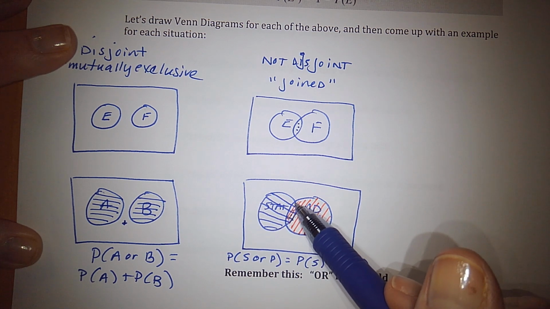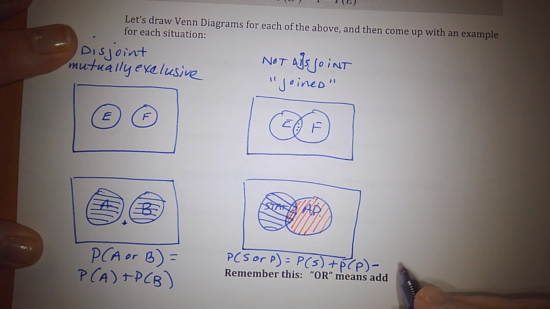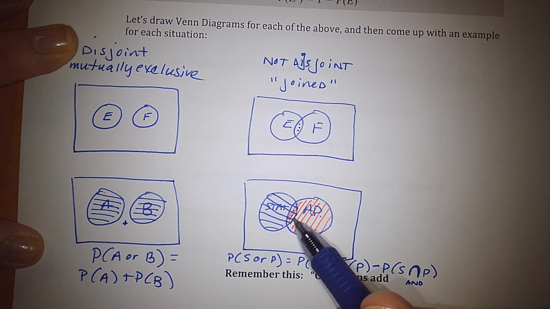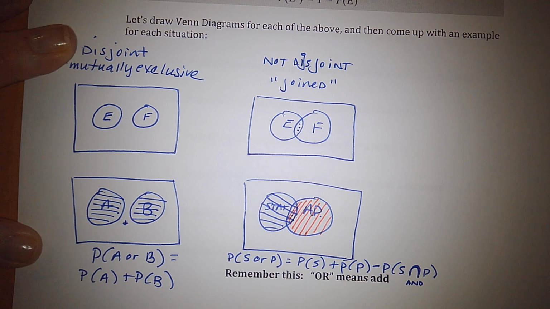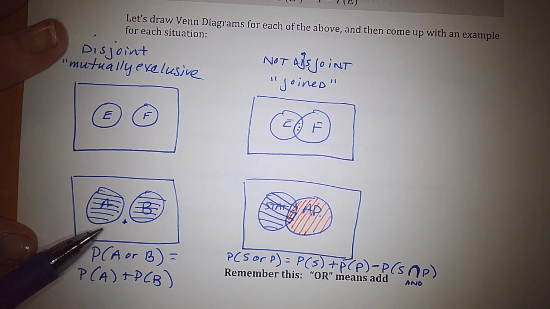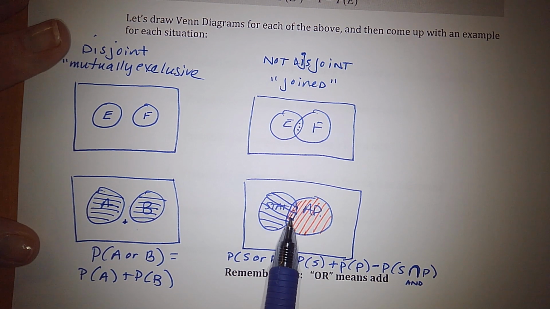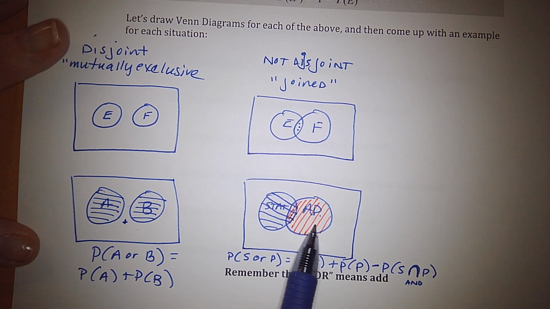So to fix that, we have to subtract the probability of being in stats and physiology at the same time. The upside down U represents and. So we subtract that portion back out because it's been added twice. We did not have to do that over here because they didn't have anybody in common, so we could just add the two independently. But if they are joined and you add the middle part twice, you would end up with too big of a probability.